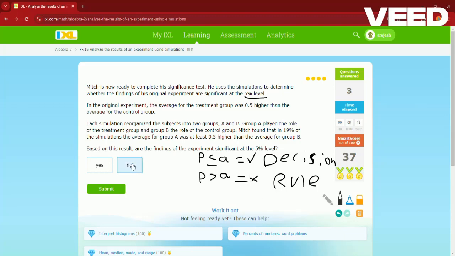So I'm going to say no, because the P value in this scenario is just 19%, and the alpha, or A, in this scenario is just 5%. So it's P, this one is A. So I'm going to check if it's correct or erroneous.